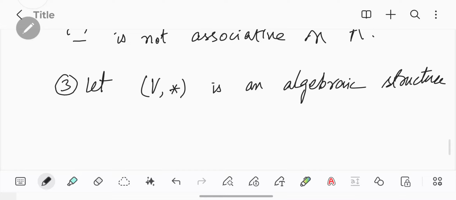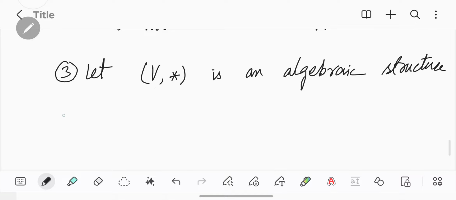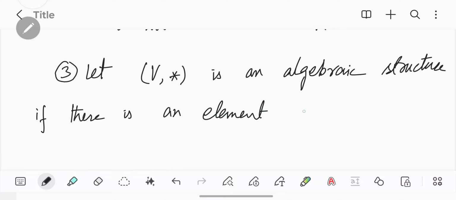Now let me define another property. Again, if V is an algebraic structure and if there is an element, we call this element E. This is the notation for this element.